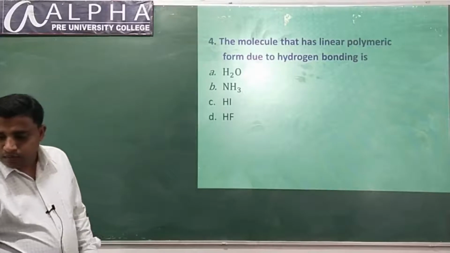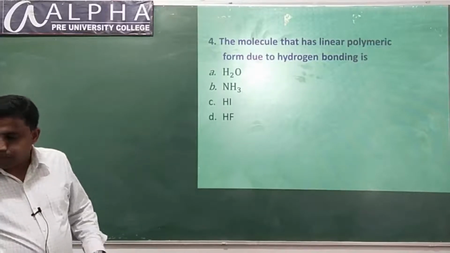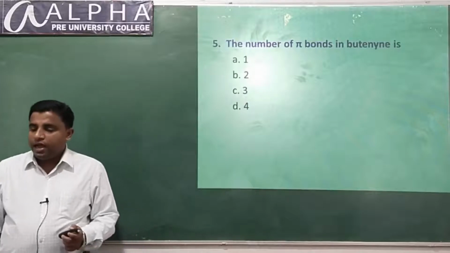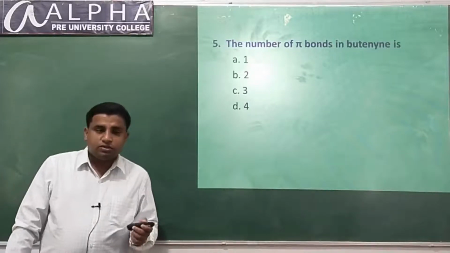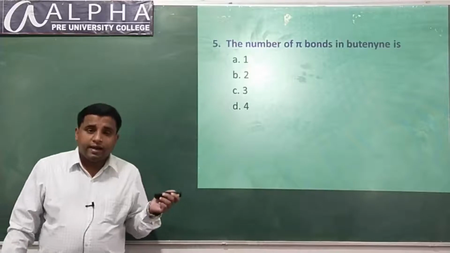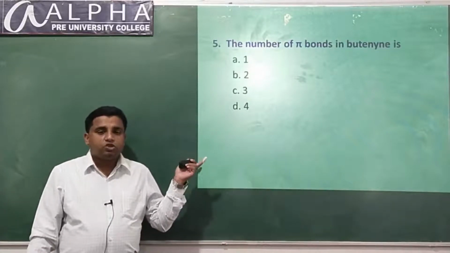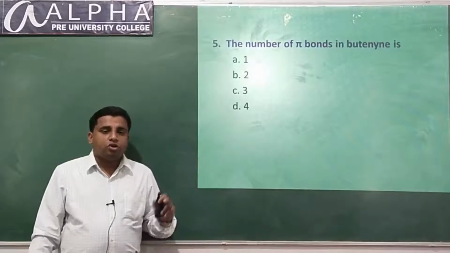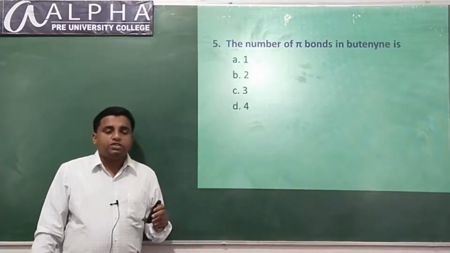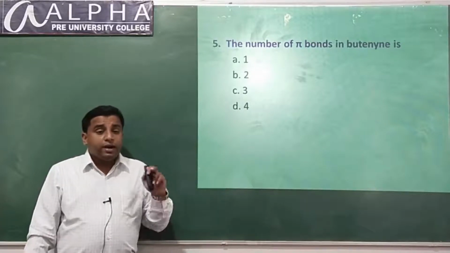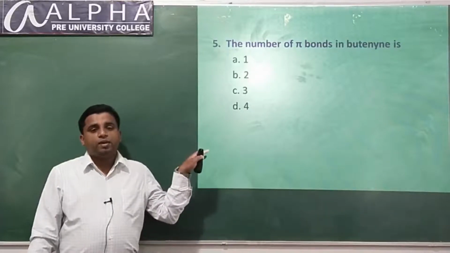Next question, students. The number of pi bonds in butadiene. We'll come back to this question because this is basically an organic chemistry question. We can answer it in hydrocarbons, or in the first chapter of organic chemistry, basic principles and techniques, but it involves the concepts of chemical bonding.